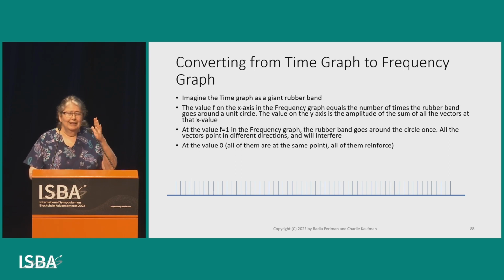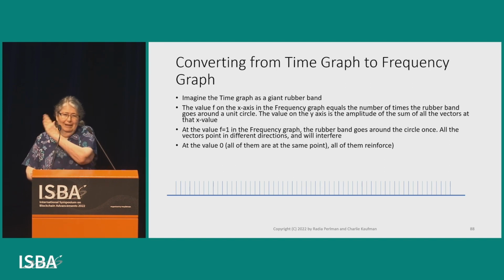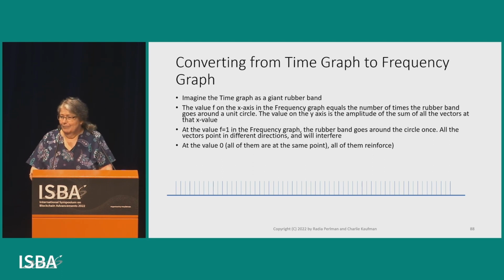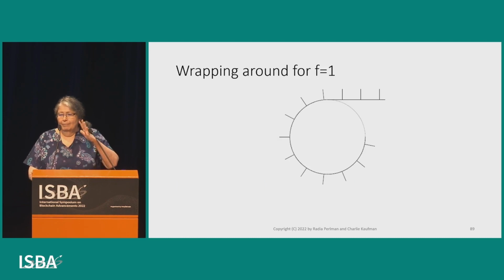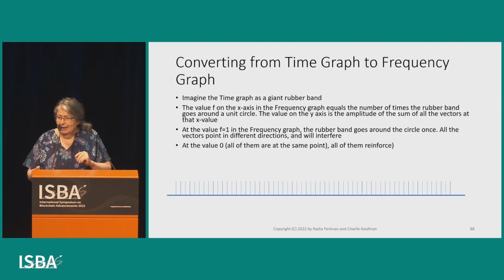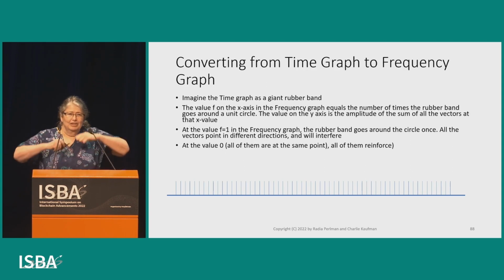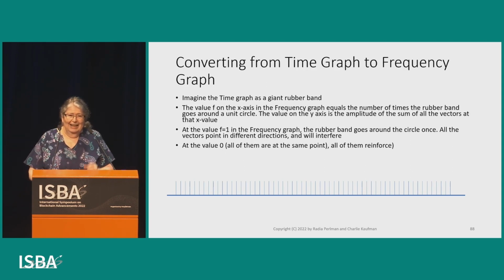If you start with every value of x, a to the 1, a to the 2, only some of those x's will have a positive spike there. So just imagine that graph where every d, there's a spike. What the x-axis says in the frequency graph is this: imagine the thing on the bottom as a giant rubber band that has spikes coming out.